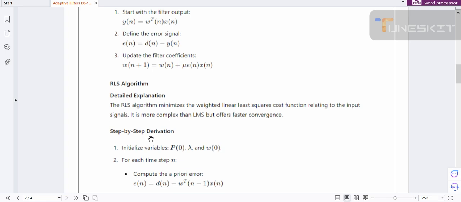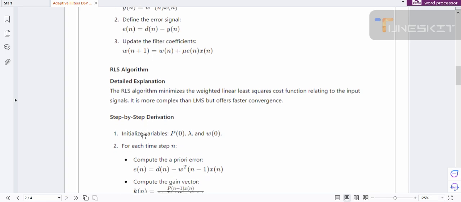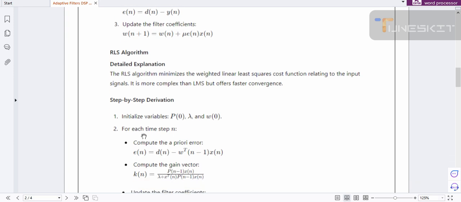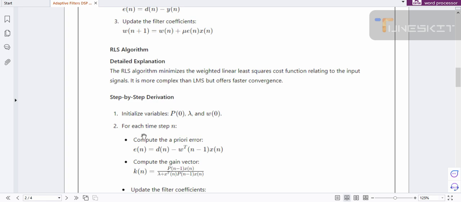So the step-by-step derivation for the RLS algorithm: first, we initialize the variables. Let's assume P(0), lambda and w(0). The next step, for each time step n, is to find the a priori error, e(n) = d(n) minus w transpose(n-1) x(n).